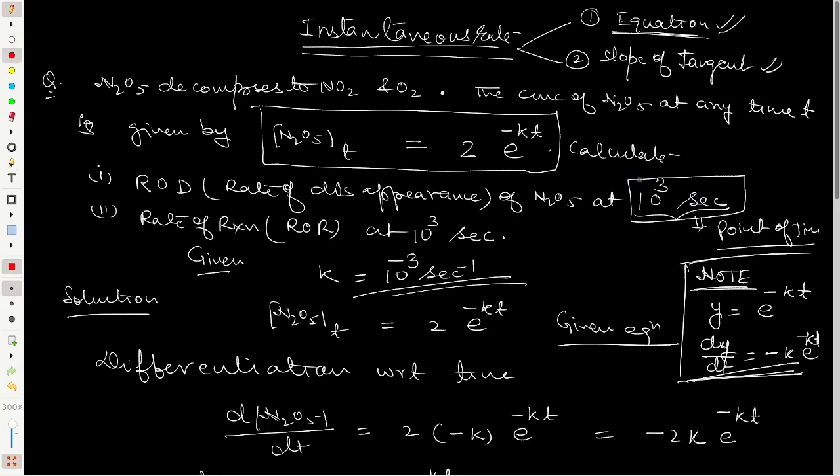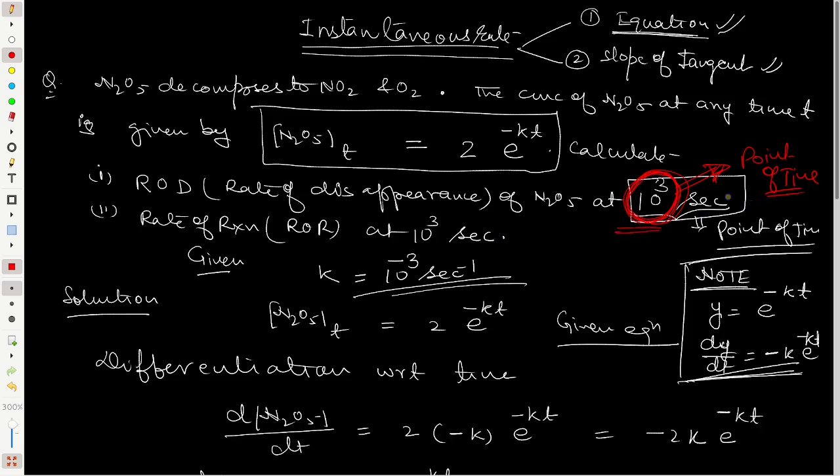Due to this value: exact time is given, pinpoint time is given. We have to calculate exactly at this time, not over a period of time. This is the point of time, not the period of time. This is not a time interval.